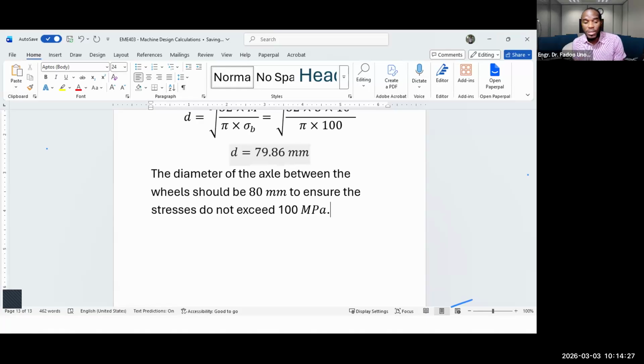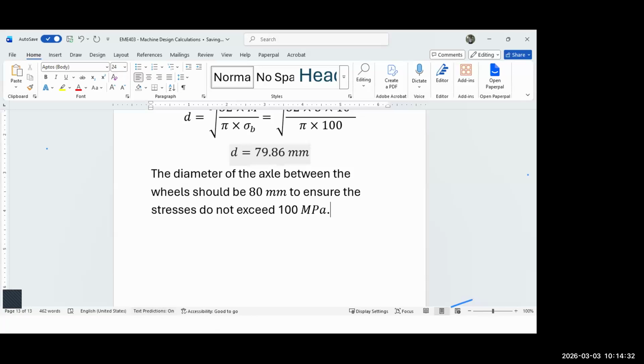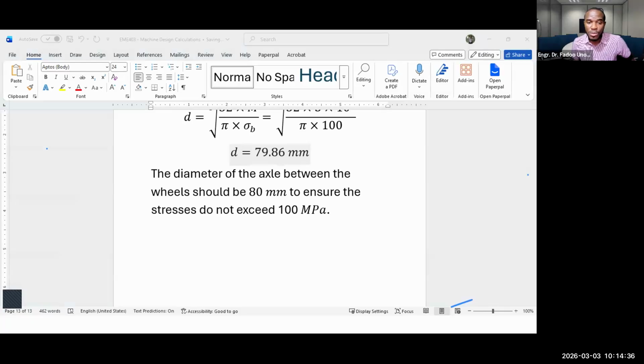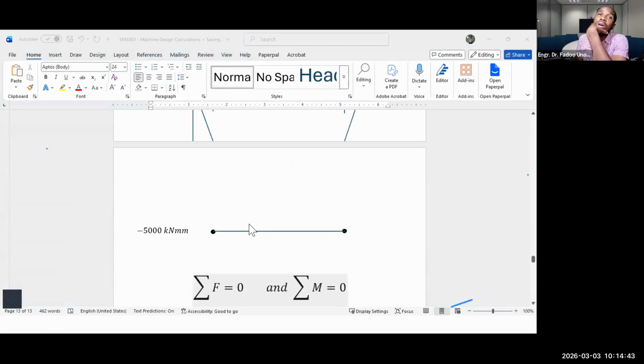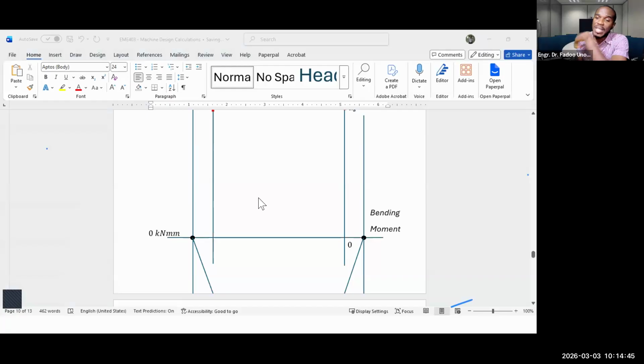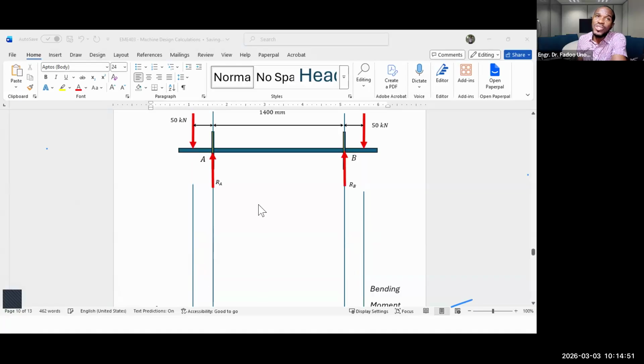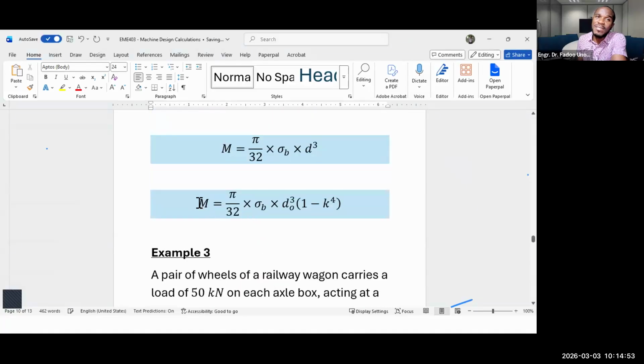So have you followed to that point? Yes, sir. Any questions? Now note that we only have to do the bending moment diagram when we're dealing with bending moments in the shaft. The whole essence is so that we can find this value, to know what the maximum bending moment will be.